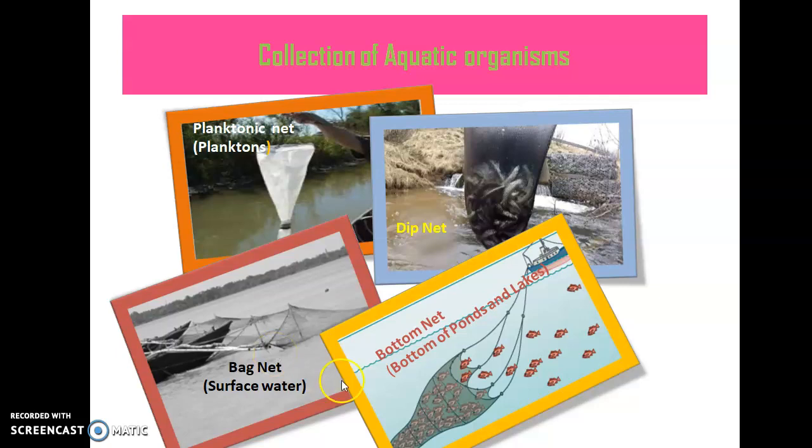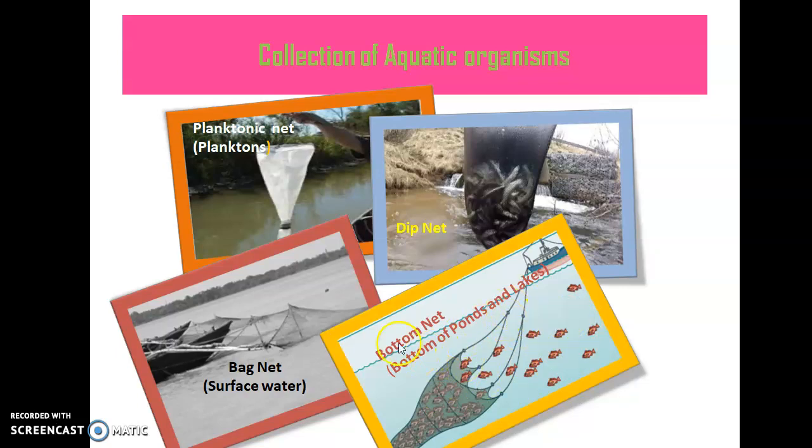And what about the bottom nets? The bottom nets are used for collecting organisms from the bottom of ponds as well as lakes. Here you can see in this apparatus, this is a sheep over here, and they are drawing this bottom net along the bottom of the ponds or lakes, and they can collect fishes or other organisms which are found at the bottom of the ponds and lakes by this method.